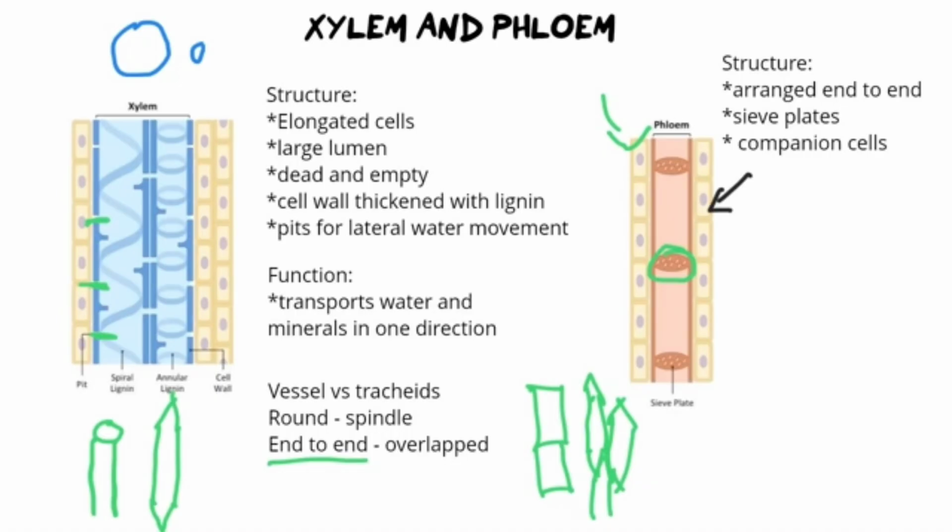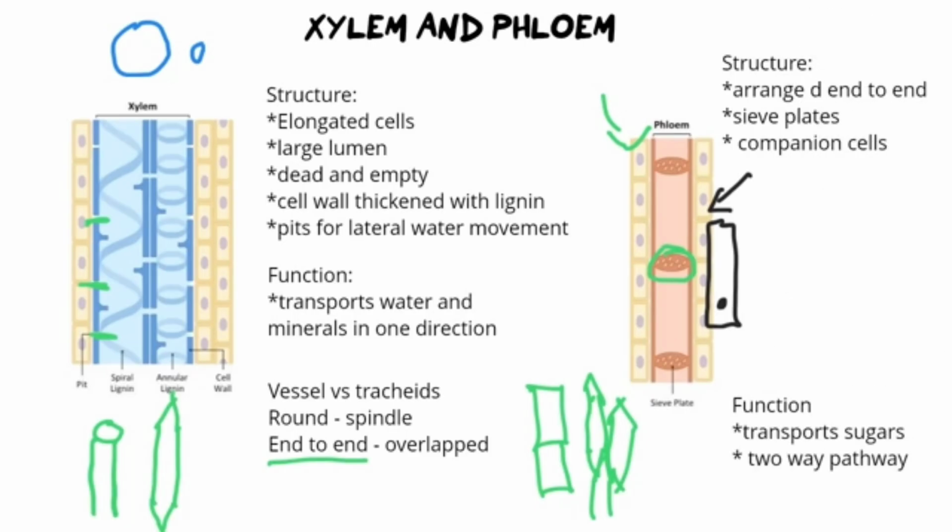But essentially what they do is these companion cells sit alongside our phloem cells, and they provide phloem with all the nutrients it needs to survive, all of the mitochondria and energy, because you don't want any other organelles in the way. You want to keep the phloem empty, so you put it in a little companion.